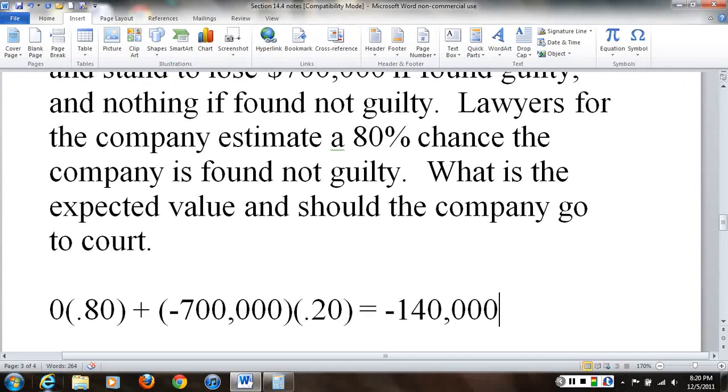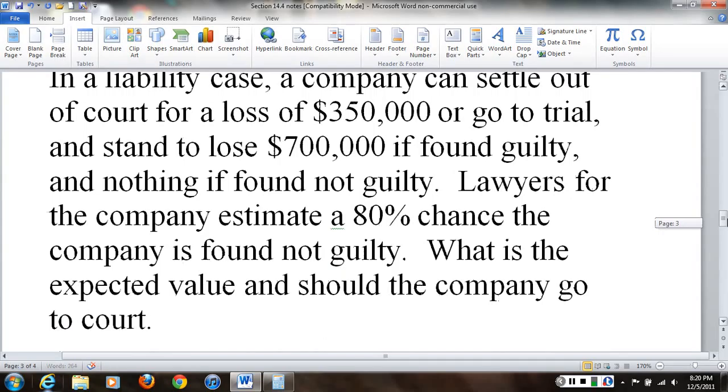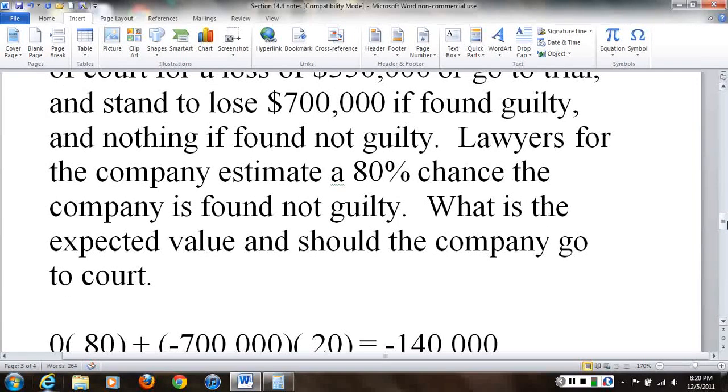So we compare that with what we stand to lose if we don't go to court, 350,000. So this question comes down to, it's not so much that of course I want the expected value. Should the company go to court? That's more of an opinion question. That's something you analyze yourself. And a lot of these questions, it's an analysis.